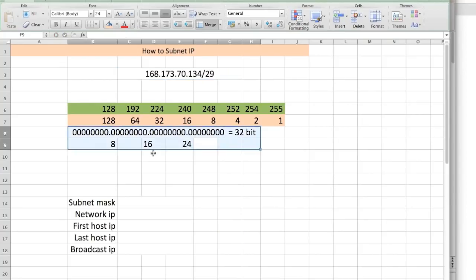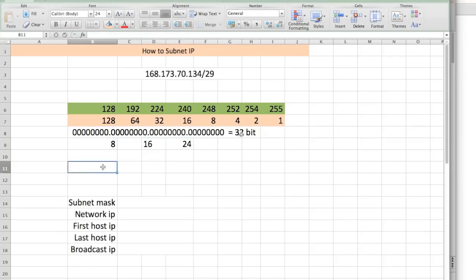So 29 is bigger than 8, bigger than 16, and bigger than 24, but not bigger than 32. So what we do is we take 32, which is right here, okay, and we subtract 29 from it. Okay, it gives us 3.